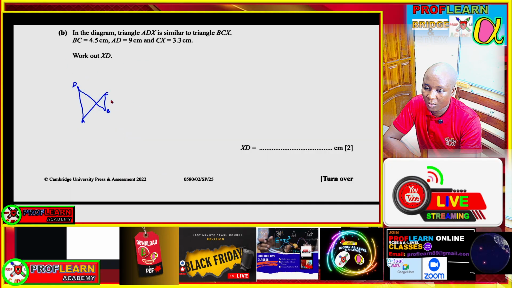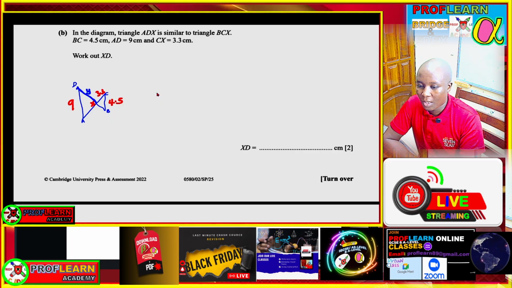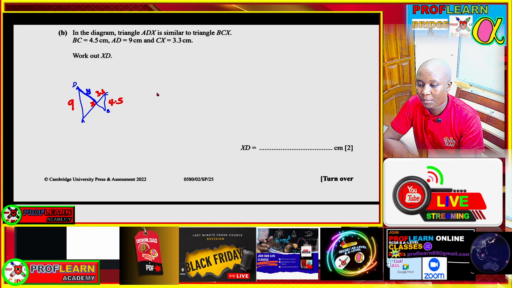We're using those triangles there, and using similarity you can find DX, and XD is going to be 2 times 3.3 because AD is 9 and BC is 4.5. So from BC to get AD is times 2. So 3.3 times 2 is going to give us 6.6.